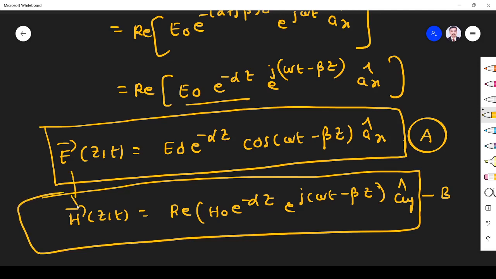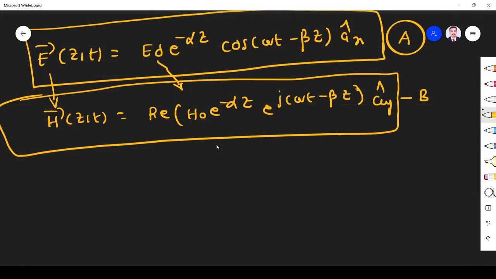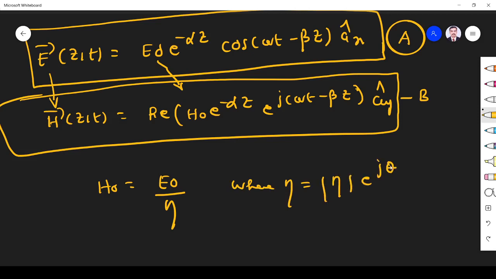I have to know what is my H naught. H naught is given by E naught by eta. We will derive these things later, but just remember H naught is equal to E naught by eta.